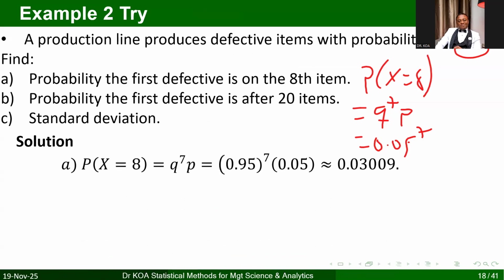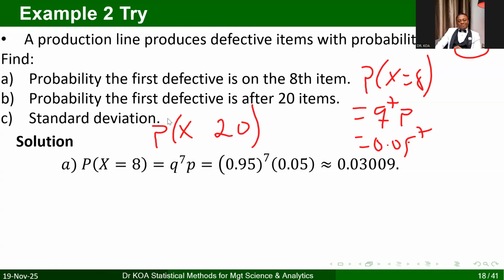All right, so you get this one. The second one says probability that the defective is after 20 items. So after 20 items, that means that X is what? We are looking at probability that X is what? 20? 21? No. X goes 20. Okay.